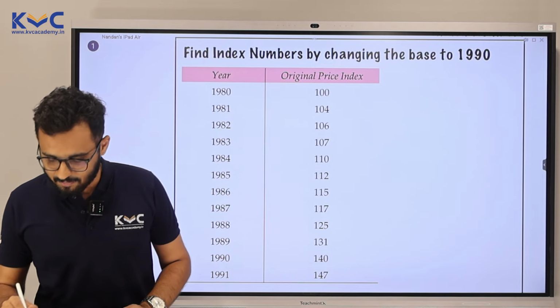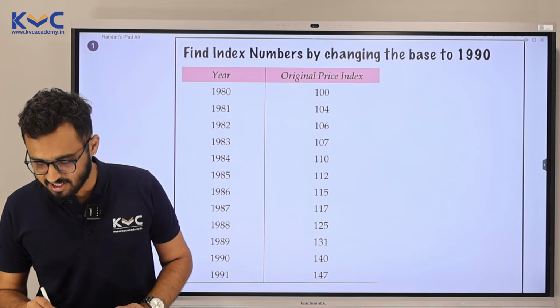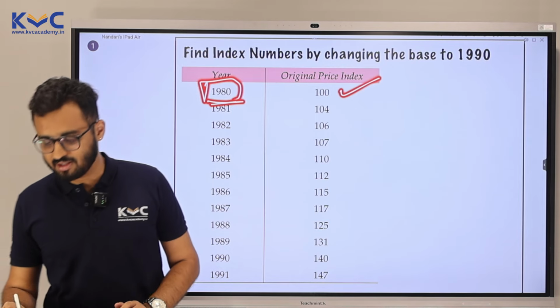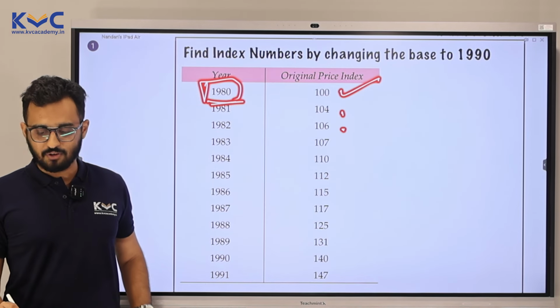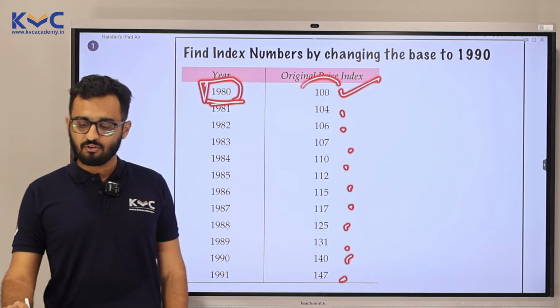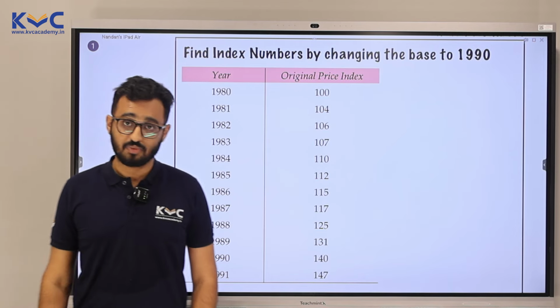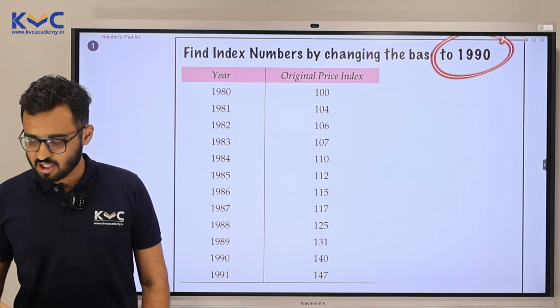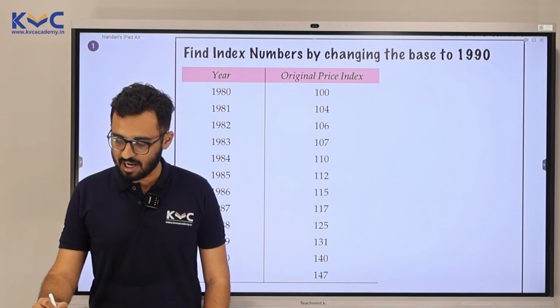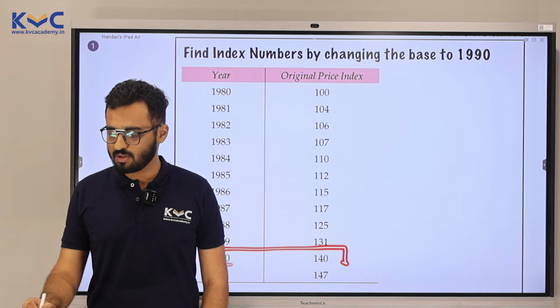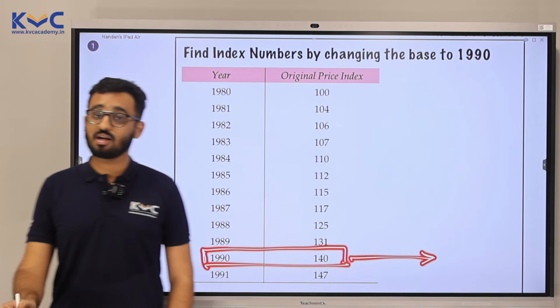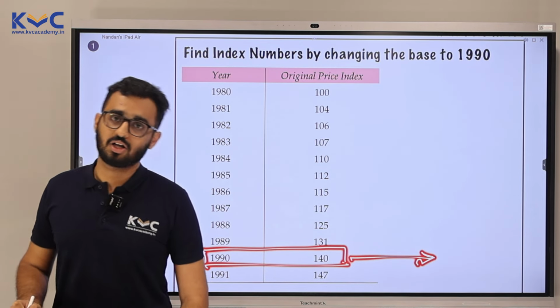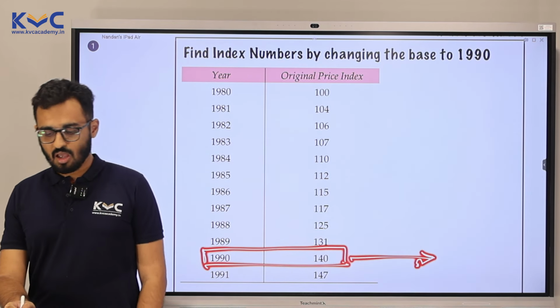So what is happening? We have the original price index starting at 1980, the base year, being 100. Then for every year we are calculating with 1980 as the base year. Now the requirement is to change the base to 1990, which is what we call shifting the base of index numbers.